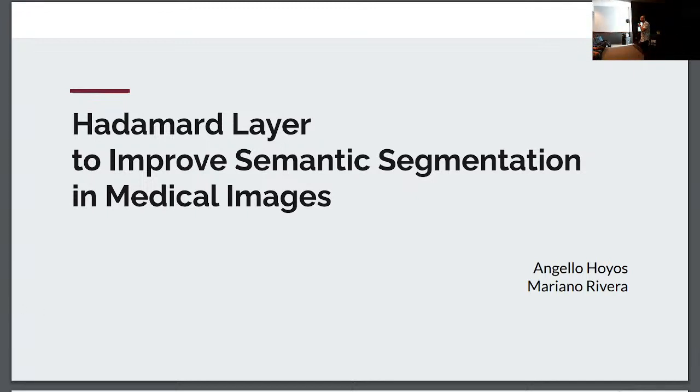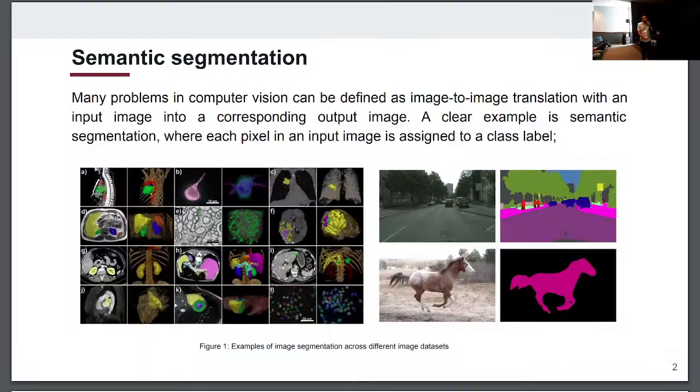Good morning. My talk is about a Hadamard layer to improve semantic segmentation in medical images. Semantic segmentation is a very well-known problem in visual computing, where we try to classify each pixel in an image. You can see this in these examples.